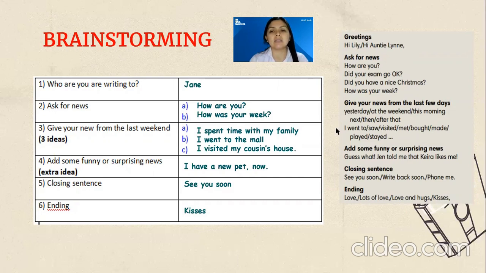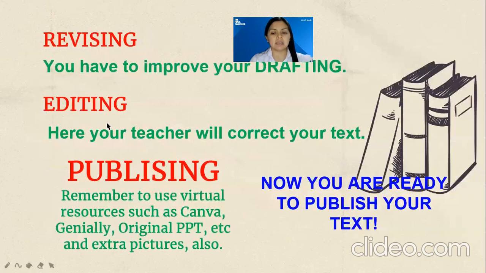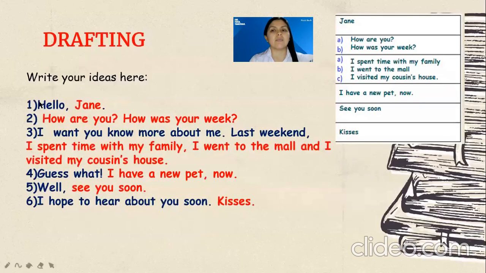That is the drafting, right? The drafting. So now with the same ideas that you are writing on your brainstorming, you are going to write here, yes, but now you are going to write sentences. For example, hello Jane, how are you? How was your week?